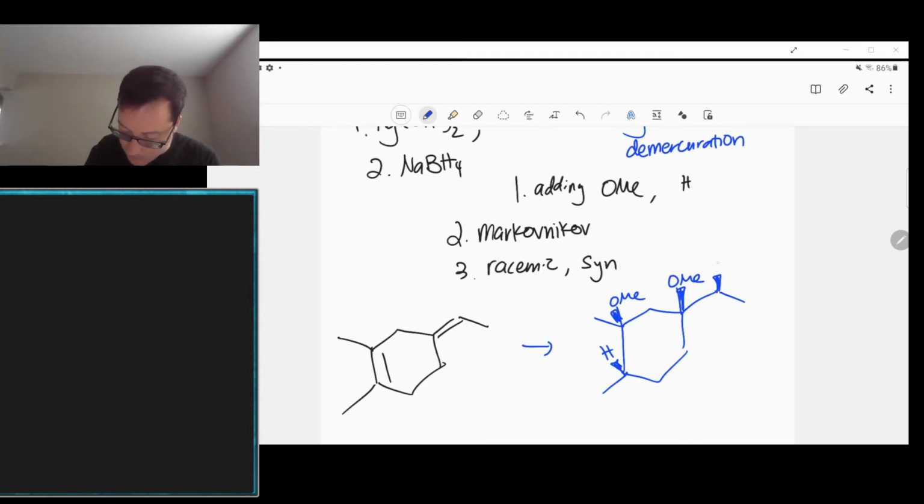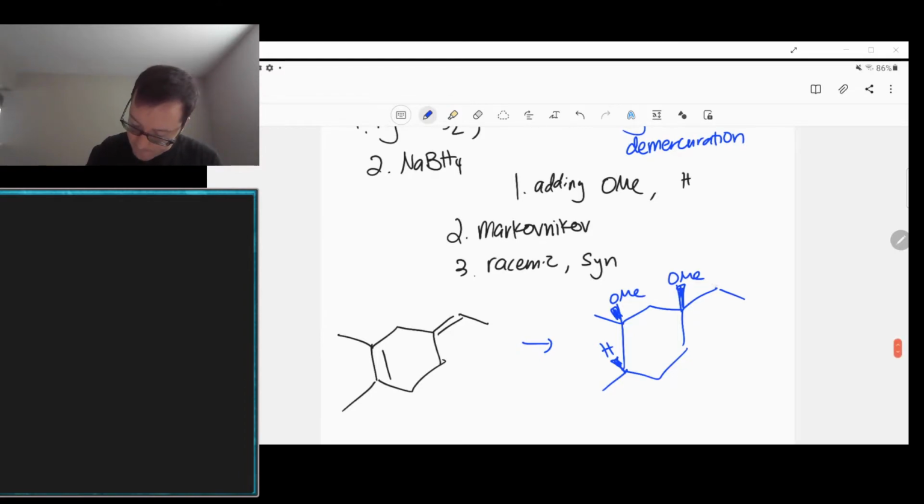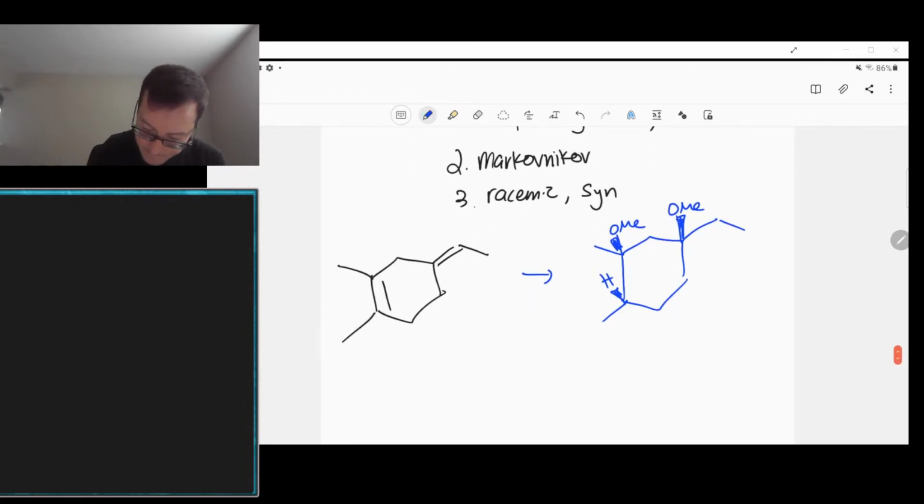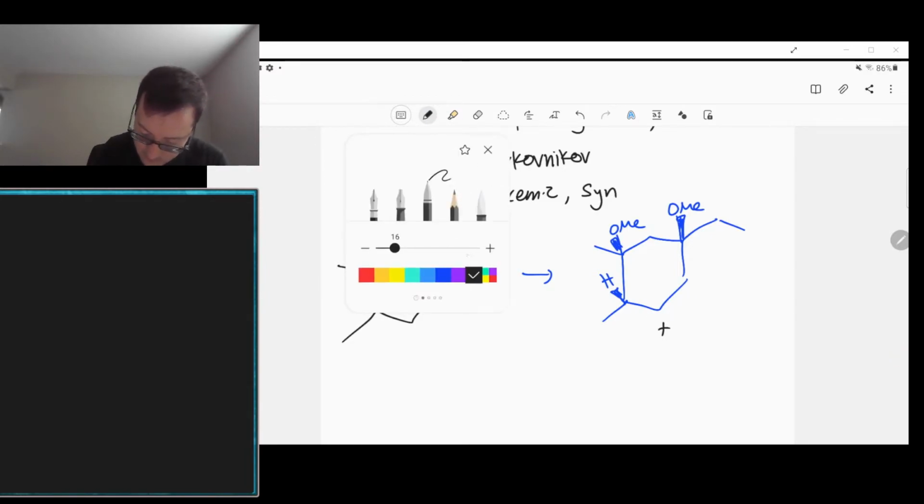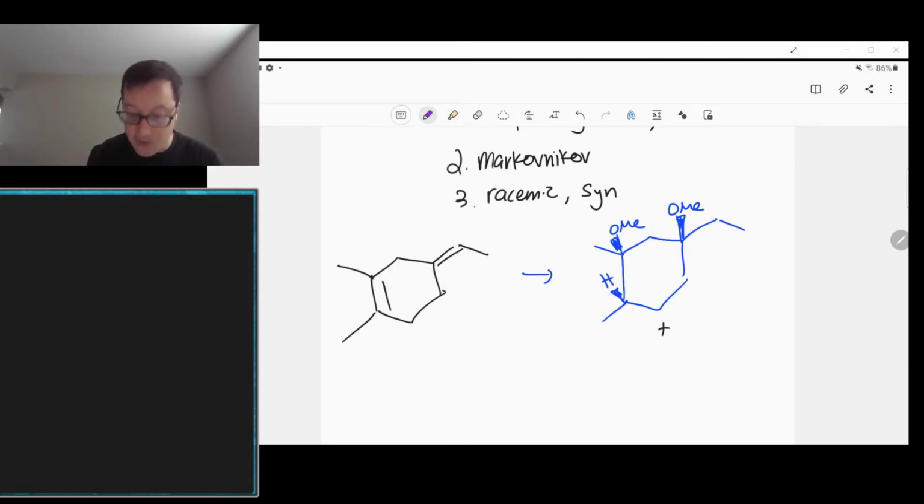So this is when you're going to end up with 4 different isomers. Again, that H doesn't really matter. So that's one isomer. We have the one where they add to opposite sides as well.